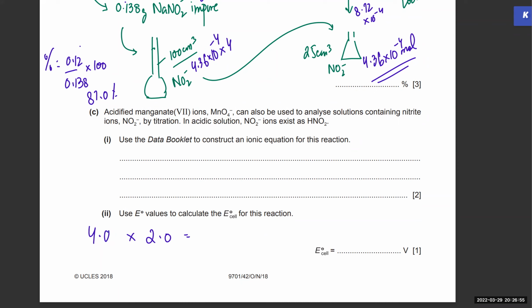The point I'm trying to make is that in multiplication and division, the answer is accurate up till the least significant figure number. If this is 2 and this is 3 significant figures, your answer is going to come out to be 8.0. It will be accurate up till 2 significant figures because there's going to be doubt on the 3rd one, because you don't know what's coming after this one. So when you multiply this, the 3rd number becomes doubtful. Is that clear?